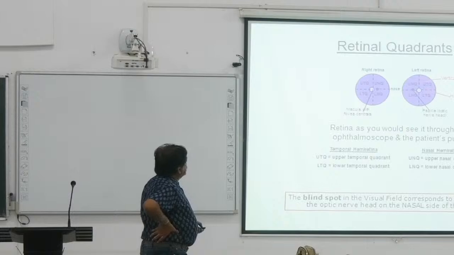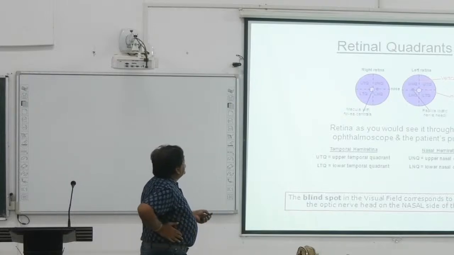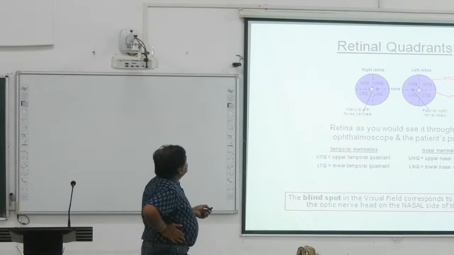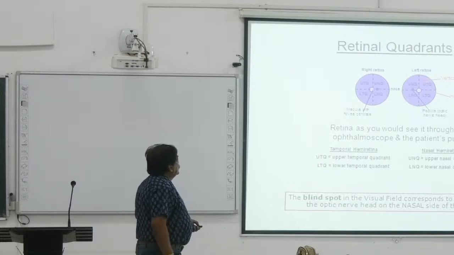The blind spot in the visual field corresponds to the location of the optic nerve head on the nasal side of the retina. So when you see the macula fovea here in the center, the blind spot in the visual field corresponds to the location of the optic nerve head on the nasal side of the retina.